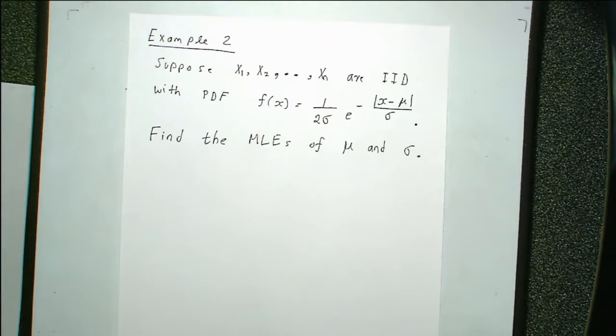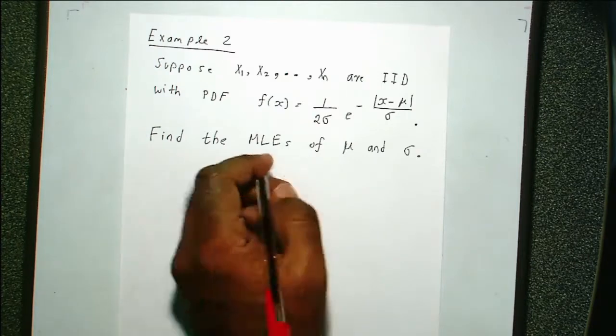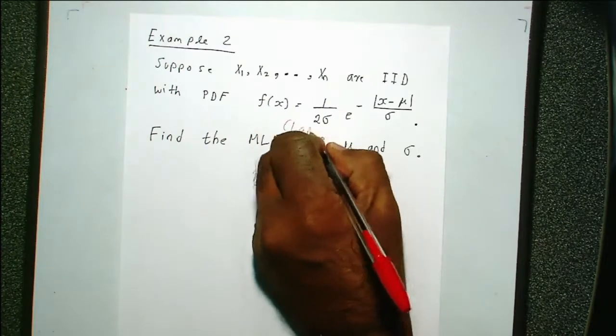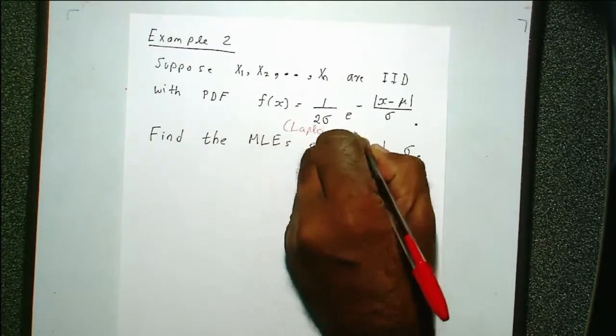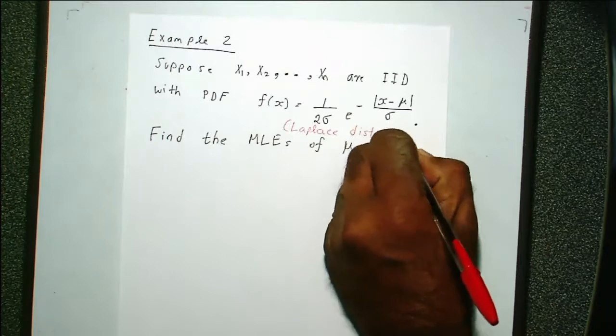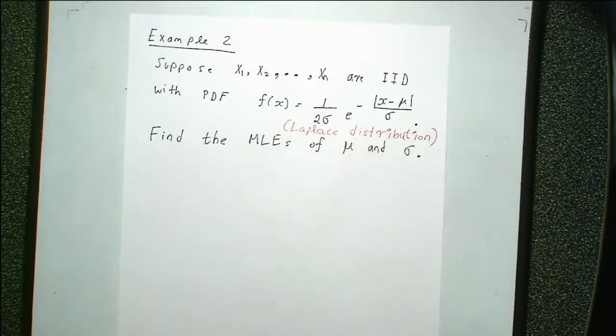So this distribution is known as the, if you don't know the name of this distribution, I will write it down. If I can find my pen. Yes, here we are. This distribution is known as the Laplace distribution, right?